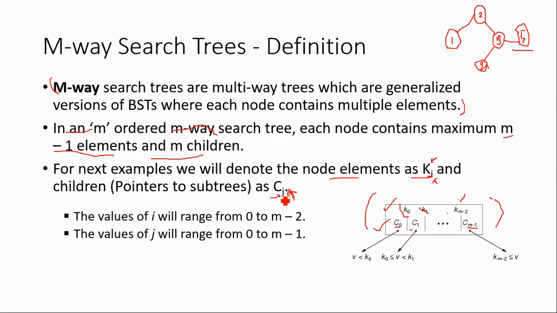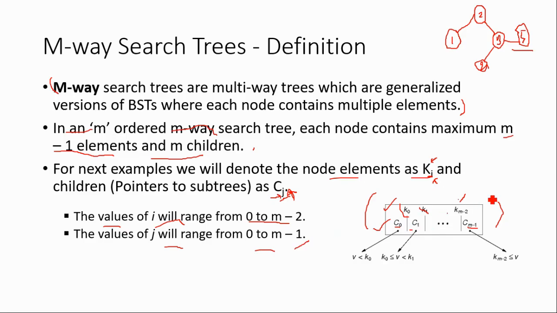So as we have seen that maximum number of elements in a node will be m-1, so the value of i will range from 0 to m-2, and as we have also seen that the number of children that can be pointed by a particular node is m, so the values of j can range from 0 to m-1. So this is an example of an M-way search tree node.